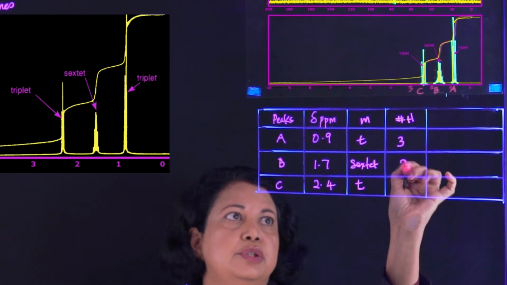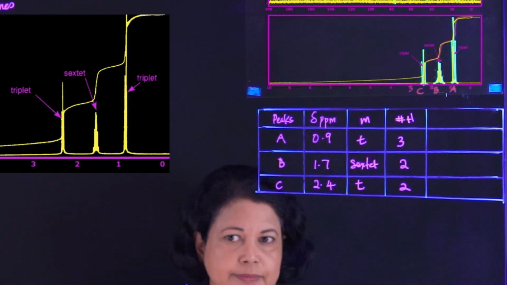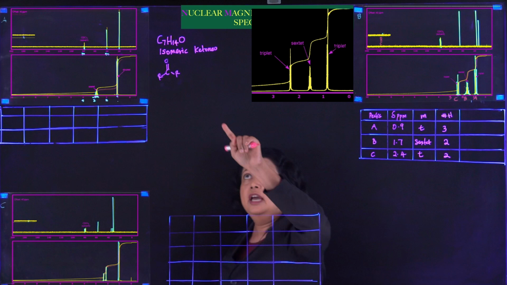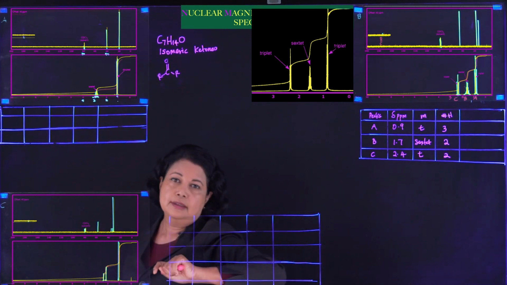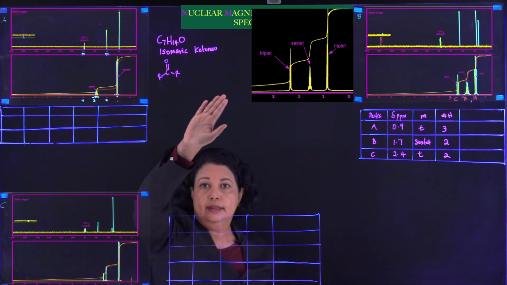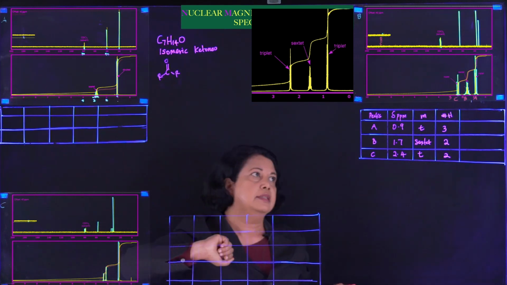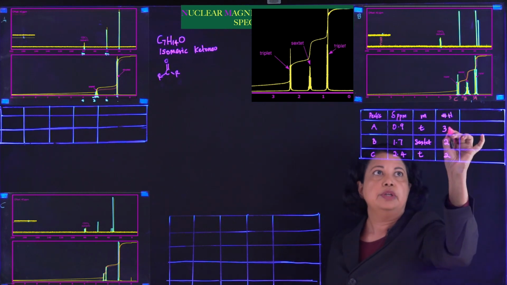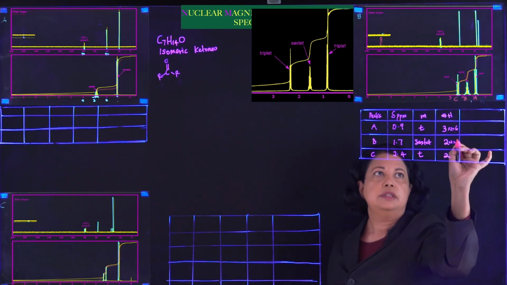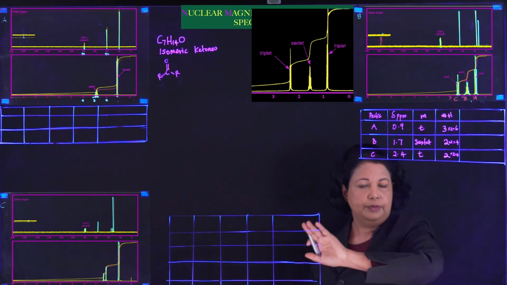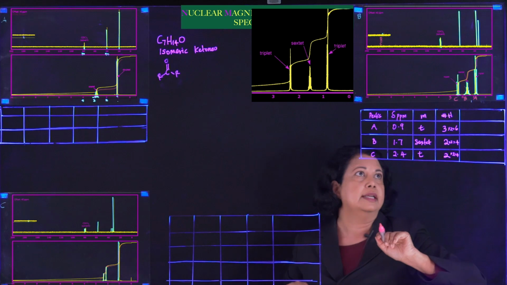That's only going to be 7, but we have 14. What does that tell you? That means they're identical, they're symmetric. So therefore, this is the ratio. So this is going to be 6 to 4 to 4 because you have 2 sides to this molecule.